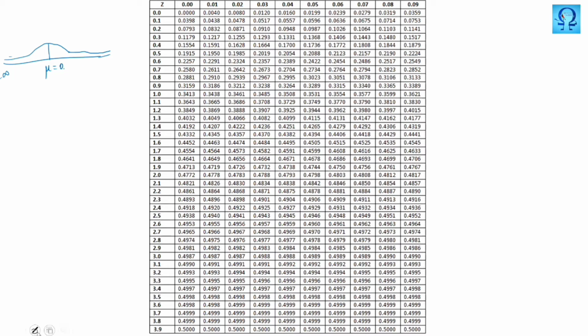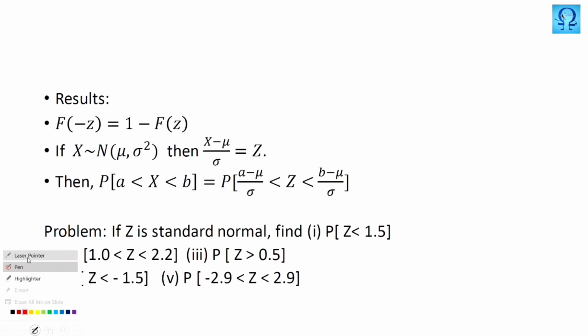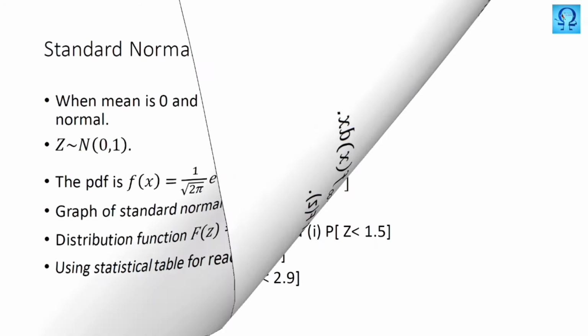Suppose you are trying to locate a value, let me go back and come here again. So through this table we will calculate it. Here we are given some results. F of minus z. What is capital F? It is the distribution function.